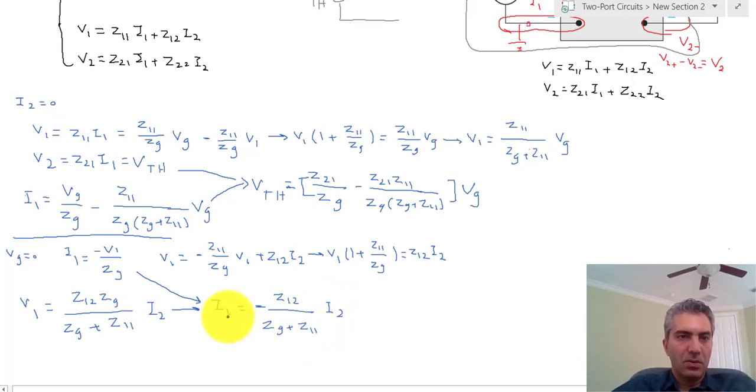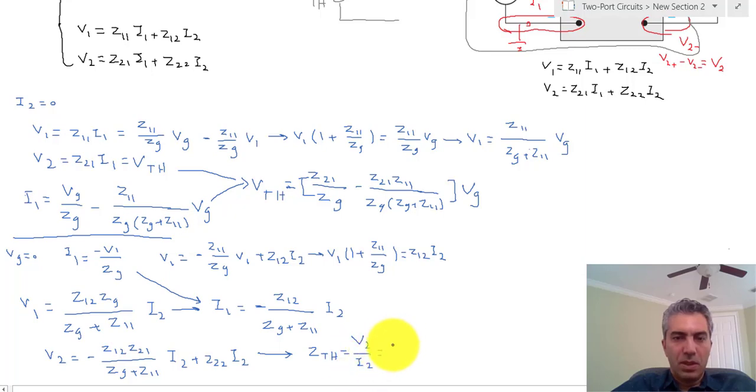I can now take this equation and put it in the third equation right here, and therefore V2 is equal to minus Z12 Z21 over (Zg plus Z11) I2 plus Z22 I2, from which I can calculate Zthevenin, which is basically V2 divided by I2, and that would be Z22 minus Z12 Z21 over (Zg plus Z11).